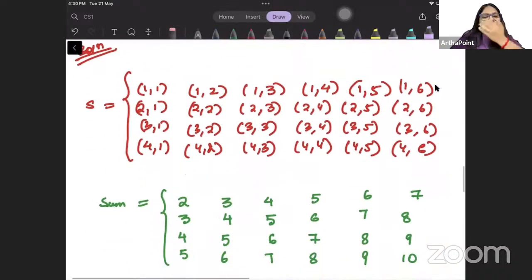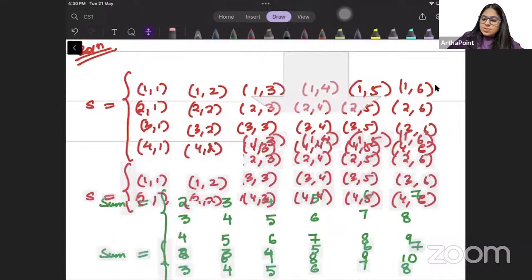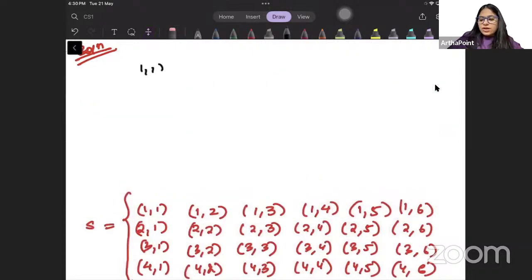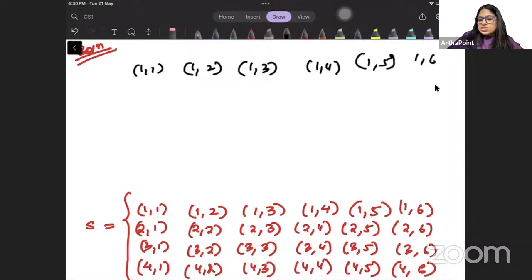Okay. Now let's look at the sample space, beta. You remember that when we throw 2 random dice, we make a sample space which looks something like this. We make 1,1; 1,2; 1,3; 1,4; 1,5; 1,6.